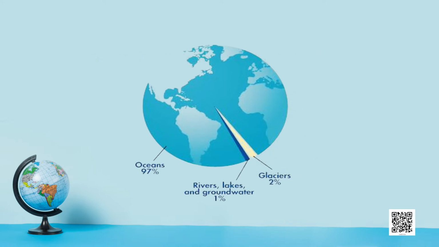Around 97% of Earth's water is present in oceans, which is neither drinkable nor usable for irrigation. Around 2% is in ice caps and glaciers, which is inaccessible, and therefore about 1% of water is available for our use, which is present in rivers, lakes and grounds.